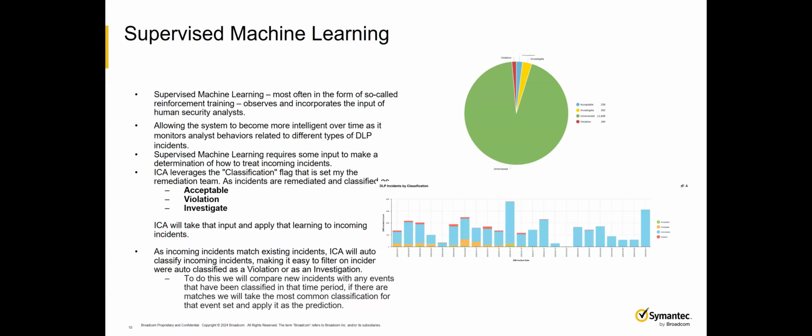So it's all driven by this classification. There are 4 classification labels: unreviewed, acceptable, violation, and investigate. All incidents have a default classification of unreviewed.